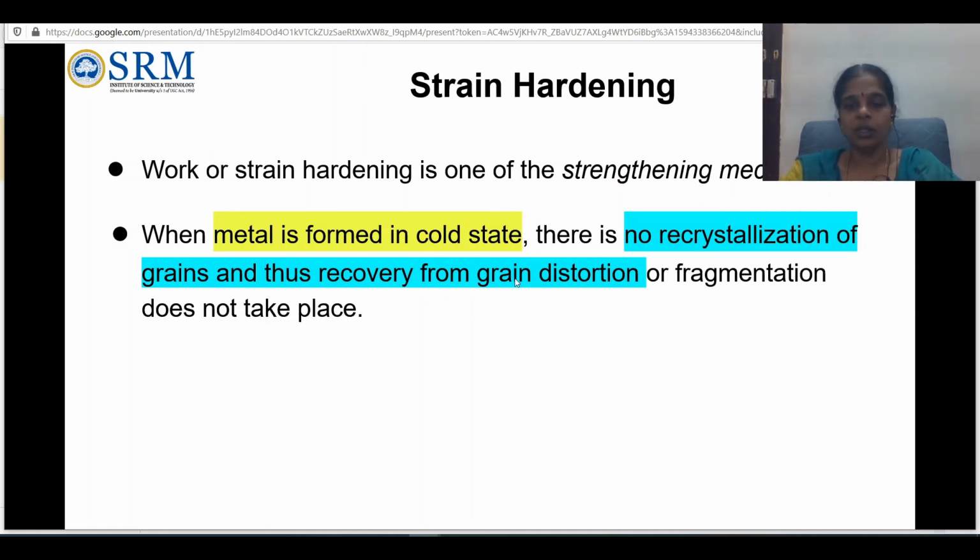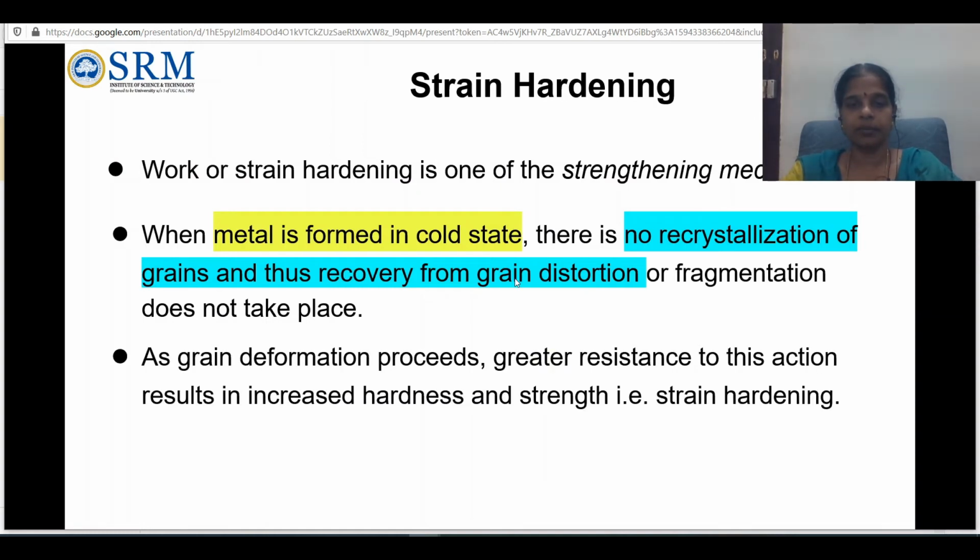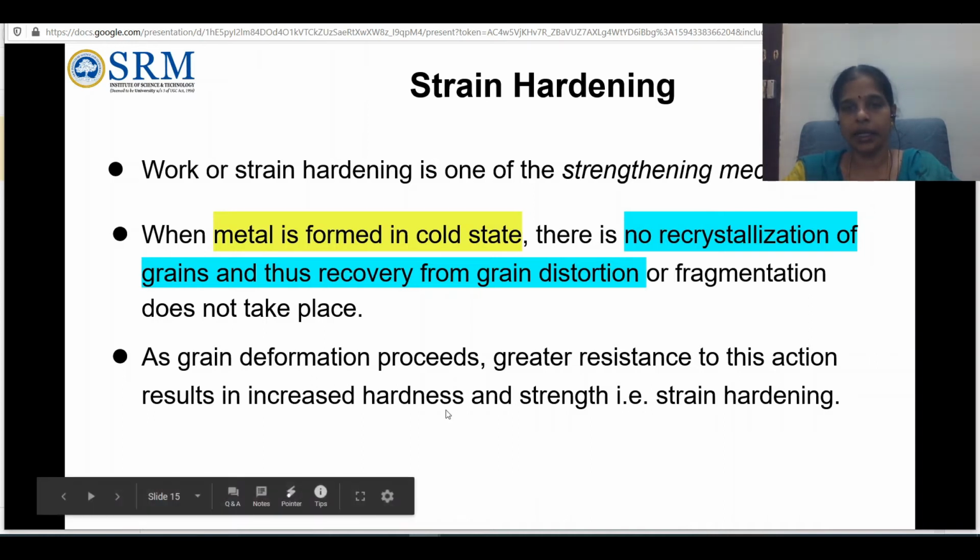So when you are working in the cold state, what happens? The grains present in the metal are elongated or compressed because we apply a heavy load, and the grains get distorted. Because of this distortion, it provides great resistance, and the hardness increases. That's why we call it strain hardening.